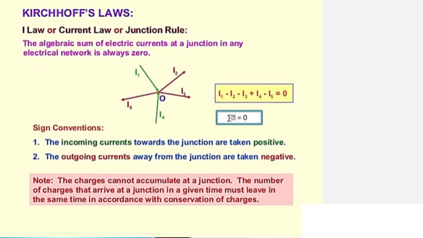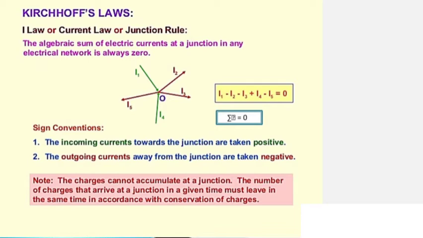Now I'll explain the first law, that is Kirchhoff's current law. The statement is that the algebraic sum of electric currents at any junction is always equal to 0. That is, summation of I is equal to 0.